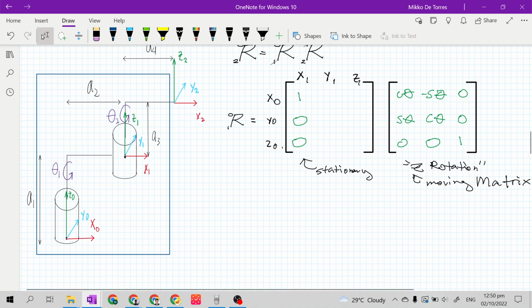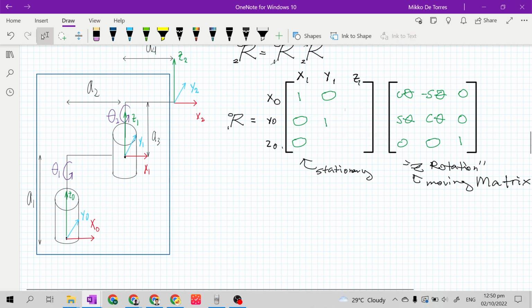Next, the projection of y sub 1 on x sub 0. y sub 1 is perpendicular with x sub 0, so the projection will be 0. Next, y sub 1 on y sub 0. They are in the same direction, so this will be 1.